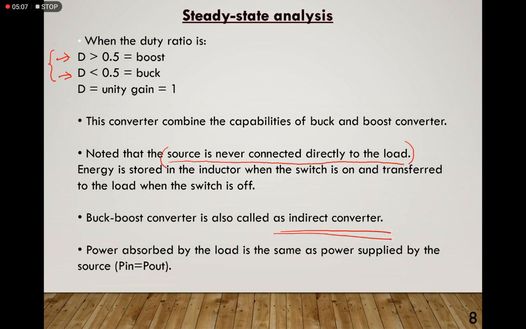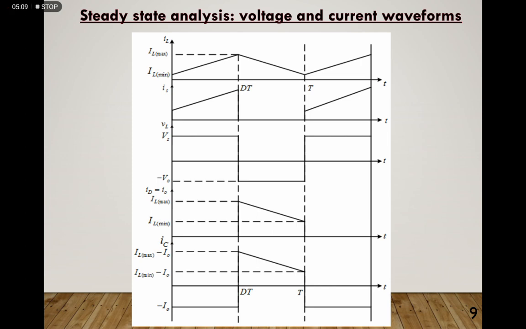These are the expected voltage and current waveforms for the buck boost converter. The first one is the inductor current, the second is your source current, the third is the voltage across the inductor VL, the fourth is your output current I0, which in this case is equal to your diode current, and finally the capacitor current.